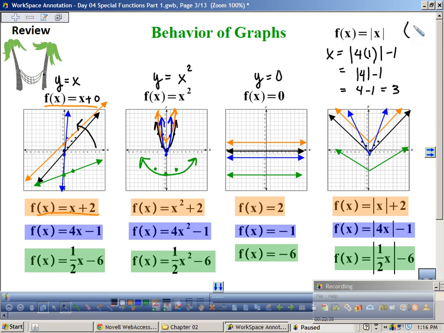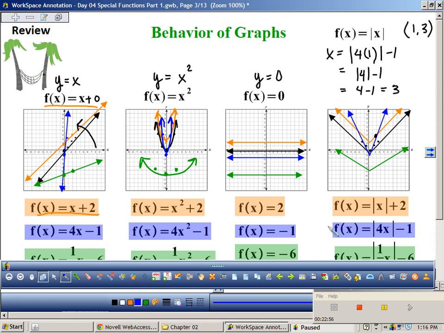So my point would be 1, 3, right? I go over 1, up 3. If I were to just plug in 1, it would be 1, 1, right? The regular graph, this one right here. But when I do it here, I should have been using blue. When I'm doing this one, it's getting skinnier.